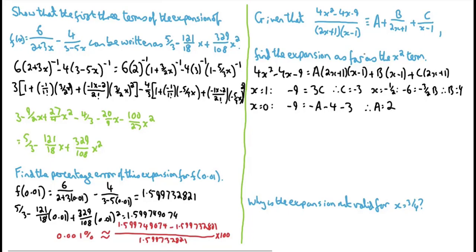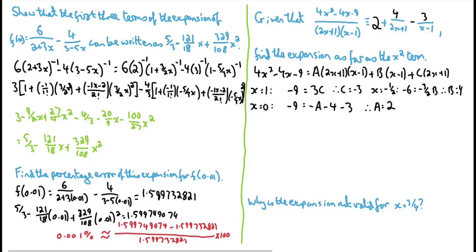So from our original expressions then, what we can say is that instead of our a, we are going to have 2 here. Instead of our b, we're going to have that 4. And instead of a plus c, we're now going to have minus 3.